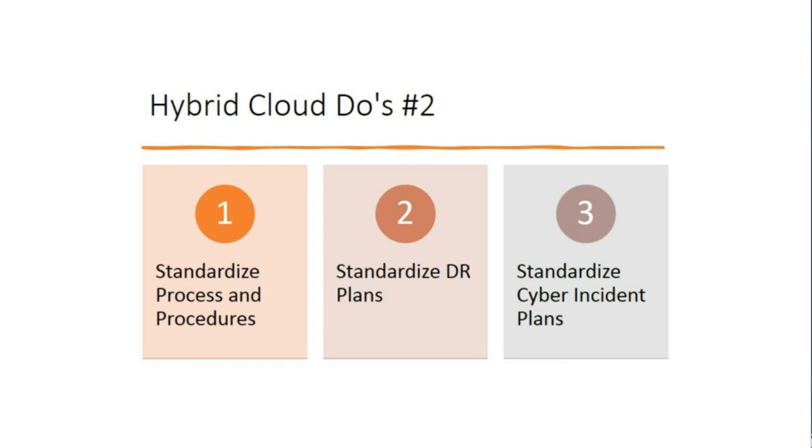Okay, so the next thing that we have to do when we look at our hybrid cloud journey is we need to make sure that we standardize the processes and procedures that we have for our infrastructure teams, because when we build hybrid cloud infrastructure, the processes that we follow for on-prem infrastructure aren't necessarily going to directly map over to a full public cloud configuration.